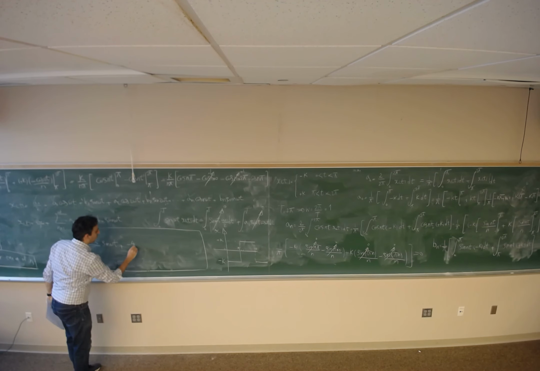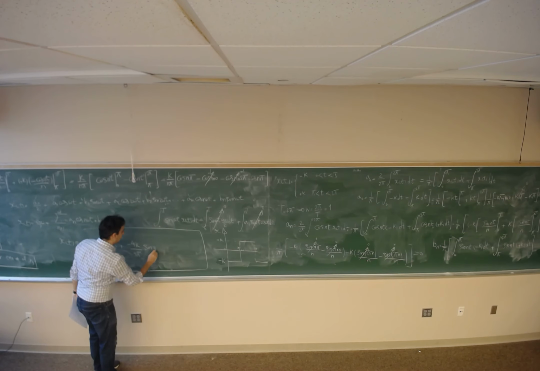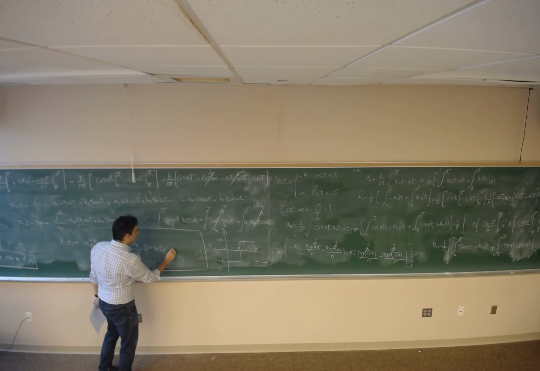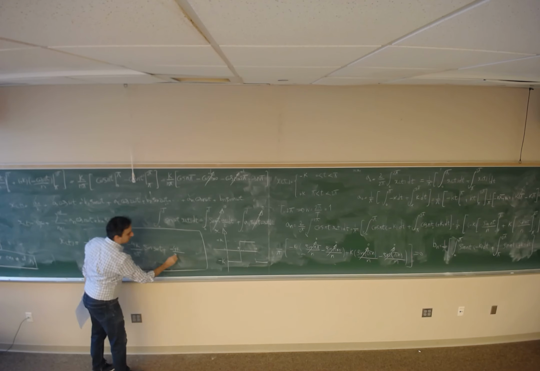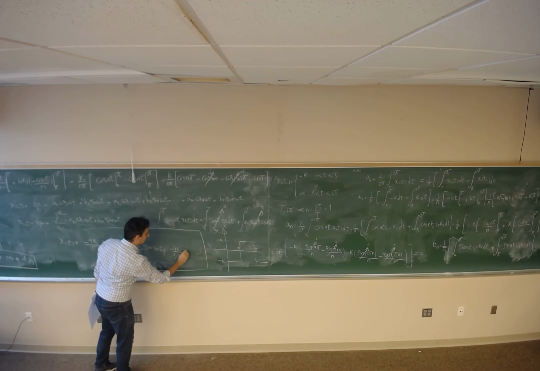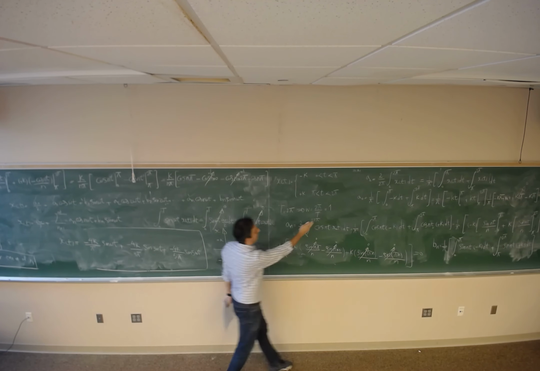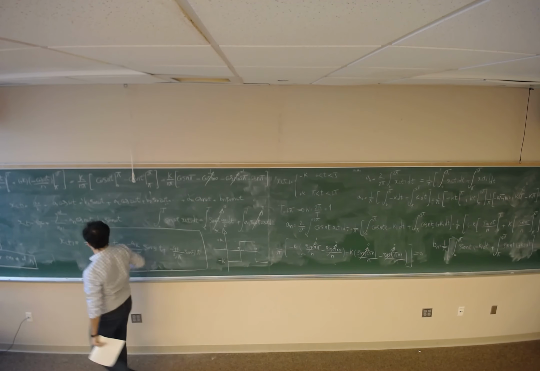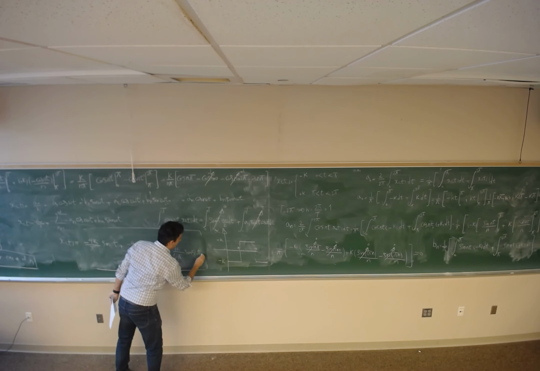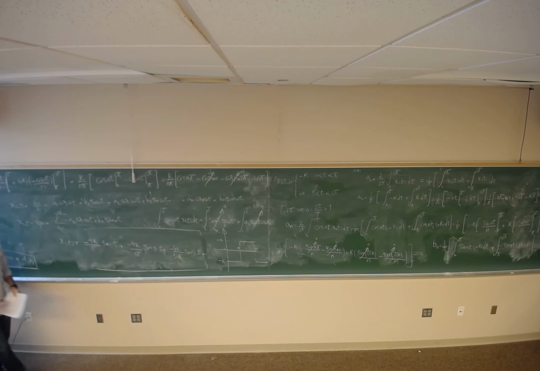Negative 4k divided by 3 pi sine of 3 omega t, plus the next term that is going to show up here is going to be 5. Negative 4k divided by 5 pi sine of 5 omega t. And omega was 1. So continue. It can continue to infinite terms.